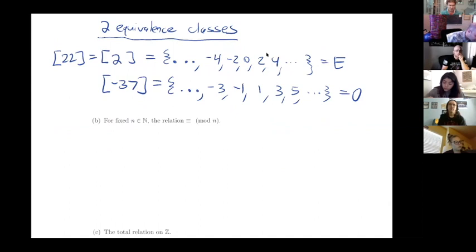So next up is this equivalence relation that we can get doing modular arithmetic, saying mod n. And so if we're taking a look at the resulting equivalence classes from this relation, how many of them would we get?